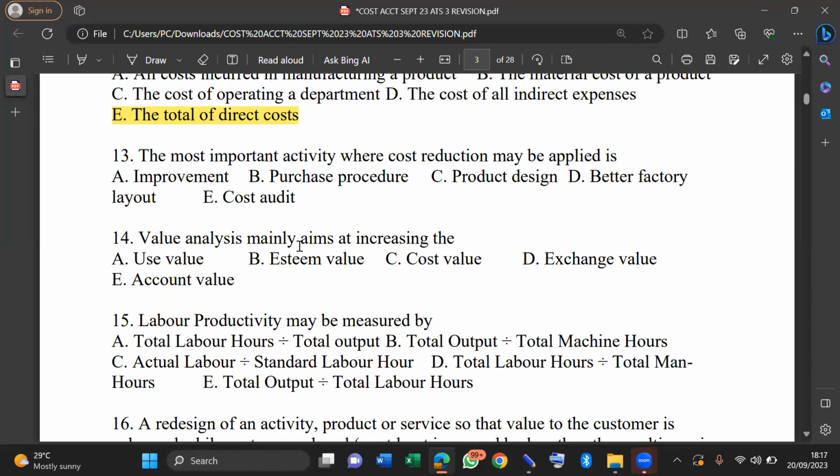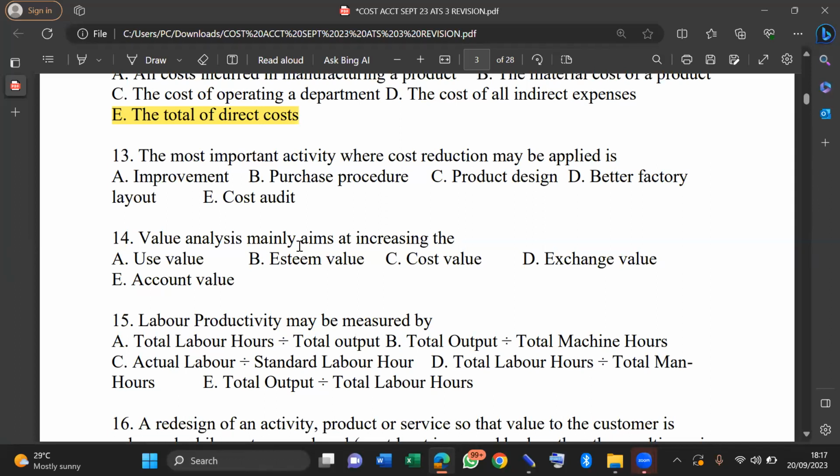Why do you think that? Product design or improvement of product. If it's in terms of improvement, the reason behind making a product is for profit or the satisfaction of customers.